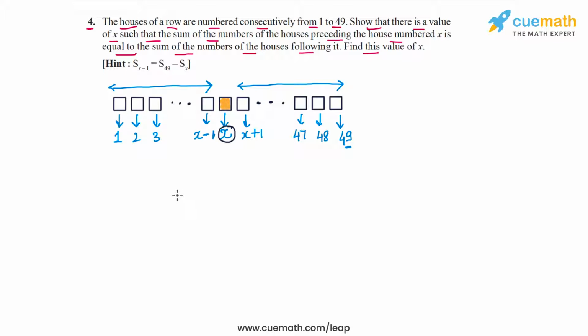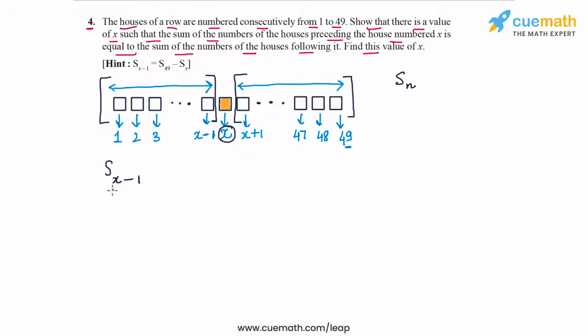Now, looking at this visual, the way forward is actually quite clear. What you want is that the sum of these house numbers from 1 to x minus 1 should be equal to the sum of these house numbers from x plus 1 up to 49. Now, the sum of the house numbers from 1 to x minus 1 we can write as S(x minus 1). Basically we use the notation Sn to represent the sum of the first n terms of an arithmetic progression.